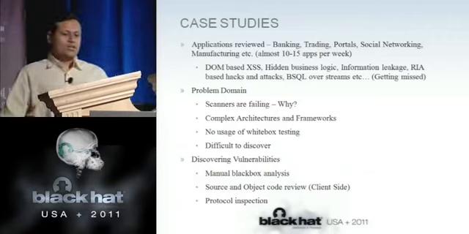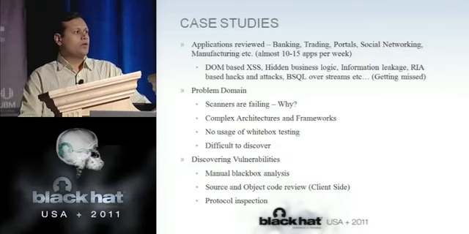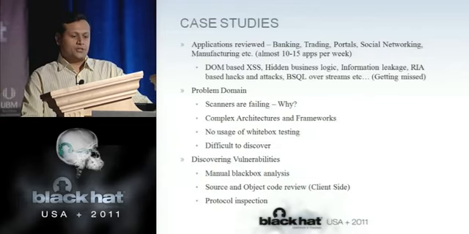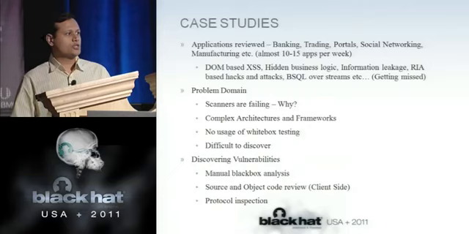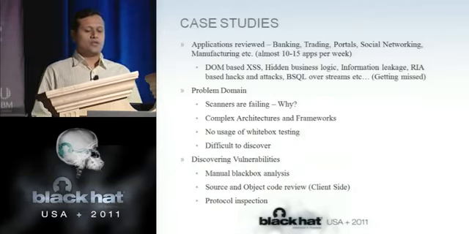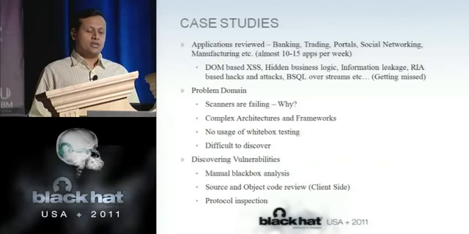Bird's eye view: essentially we do around 10 to 15 applications per week where we do manual testing and scanning as such. And lately what we are seeing is that when you are doing just scanning, some of the things which are getting missed are DOM-based XSS, hidden business logic, information leakage.